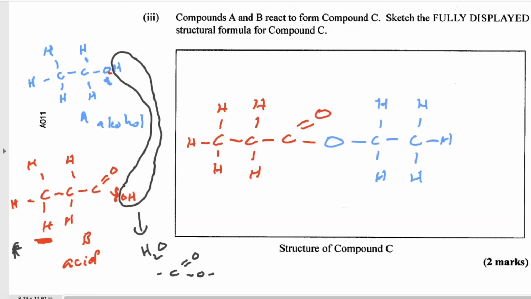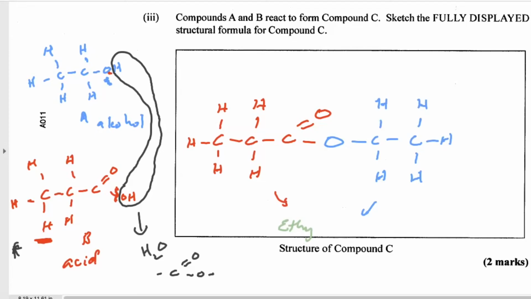But for practice, we could name it. We always name the alcohol part first. So we draw the acid part first, but we name the acid part last. So we'd name the alcohol part first, and we'd name the acid part last. So just for practice, the name would be ethyl.